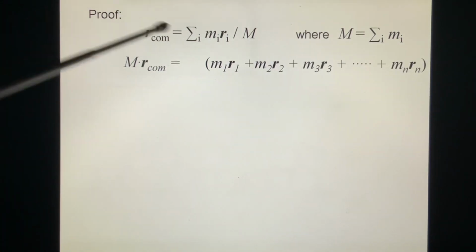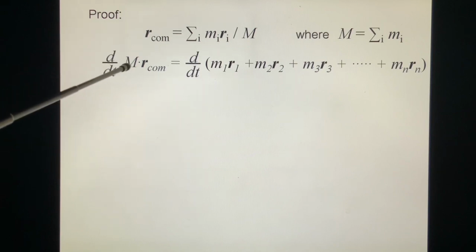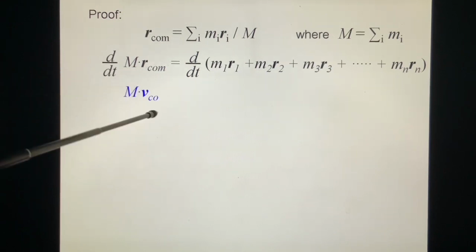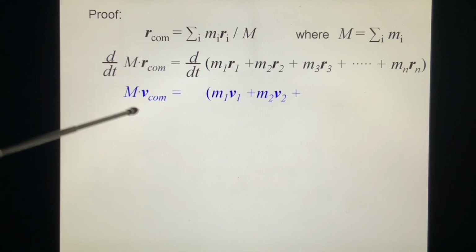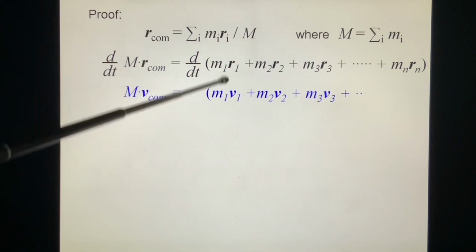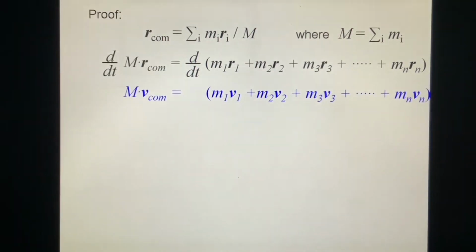Now let me do some operations. We take the derivative with respect to time t on both sides, and since the masses are constant, we take them out. This becomes M v, since dr/dt is v, equal to m1 v1 plus m2 v2 plus m3 v3 up to mn vn.